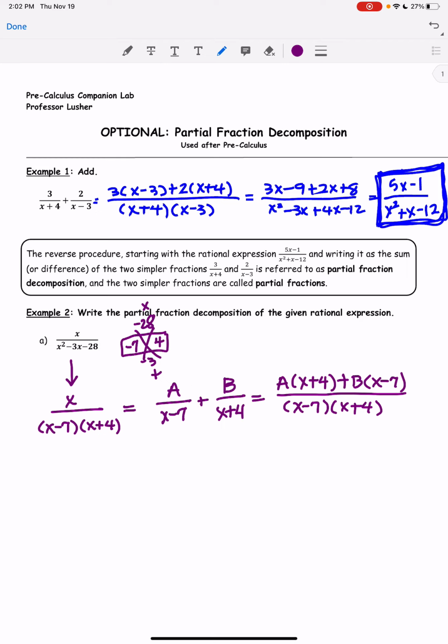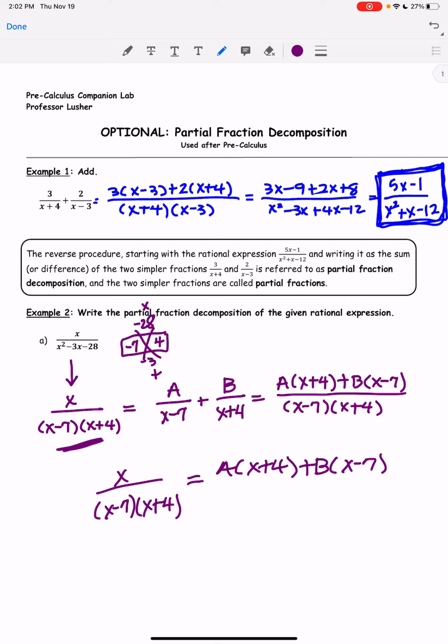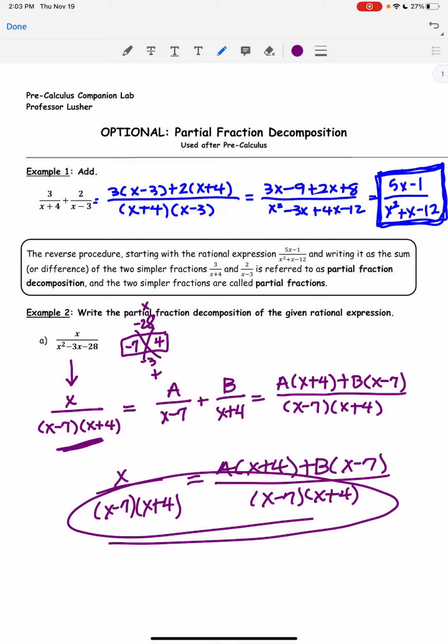But what we have is this one, x over x minus 7, and again, don't write this because I'm going to erase all of it, equals this one here, a times x plus 4 plus b times x minus 7 all over these two. So if this was my equation here and I had to solve, the first thing we would do is want to get rid of these denominators.